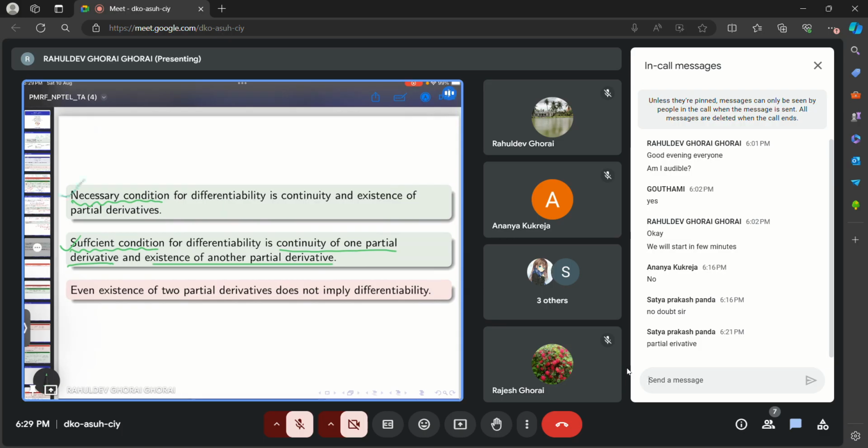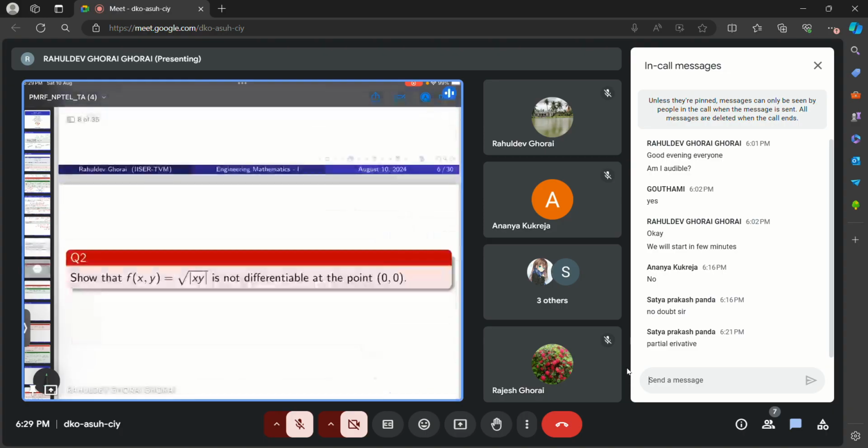These are the two differences between necessary and sufficient conditions people use in maths. So the necessary condition you use to prove non-differentiability, the sufficient condition you use to show differentiability. That is what is written here, that even the existence of two partial derivatives does not imply differentiability. That we will see later, with an example.